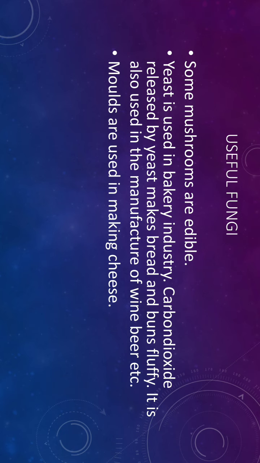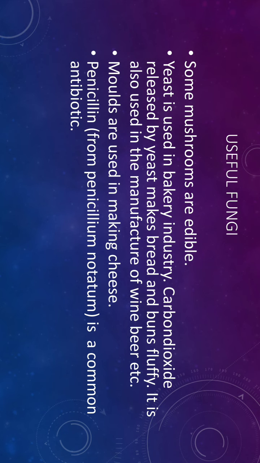Then molds. Certain molds are used in processing of cheese. Cheese cannot be made without the action of molds on it. And then this is very important, penicillin. Penicillin is obtained from a fungus, that is Penicillium notatum, and this penicillin is a common antibiotic.